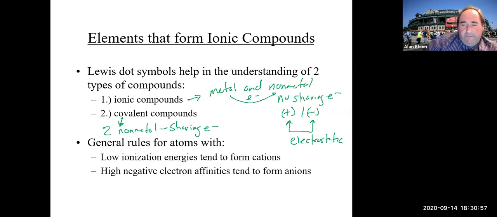While when we get a metal and a nonmetal together, they're on opposite ends of the periodic table. And because they're on opposite ends of the periodic table, metals are guys that pretty much want to get rid of their electrons. Nonmetals are ones that really want to hang on to their electrons and actually pick up electrons. So that's why we get that transfer of electrons when those two get together, rather than when two nonmetals get together, they pretty much stay together and will share electrons rather than transfer electrons.